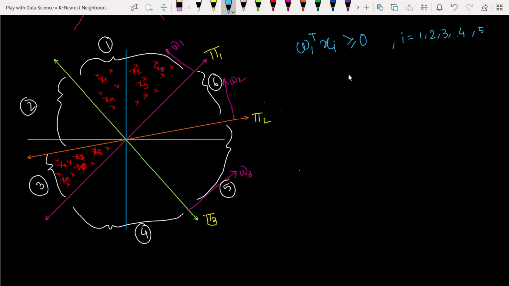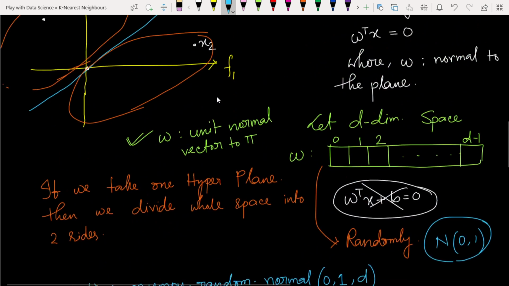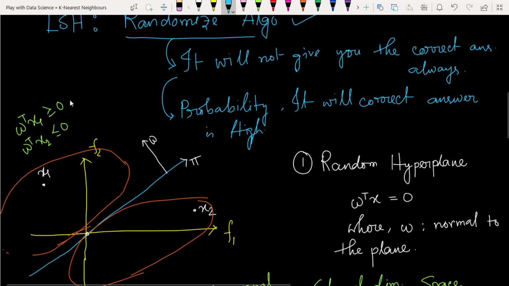Similarly, for this plane, for this point also, w1 transpose xi is greater than or equal to 0. Just one thing we have to remember: if it is greater than or equal to 0, then we take 1. If it is less than 0, then we take -1 for binary classes.